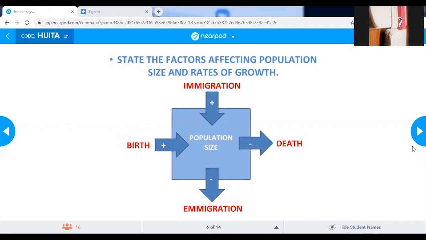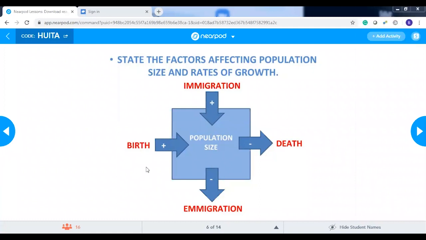Now, what are some factors that affect the population size and the rate of growth of this population? Now here there are immigration, birth, emigration, and death. And from here we can see that birth and immigration increase the population size. It means that new organisms are entering the population.